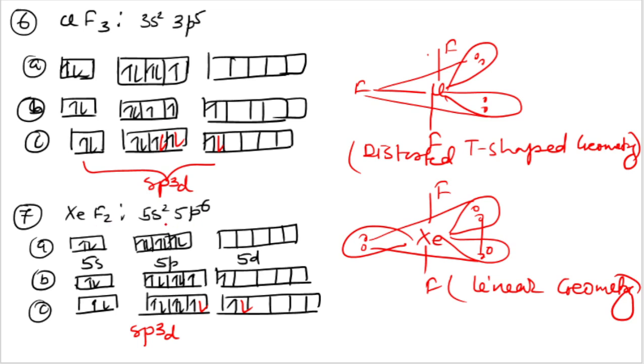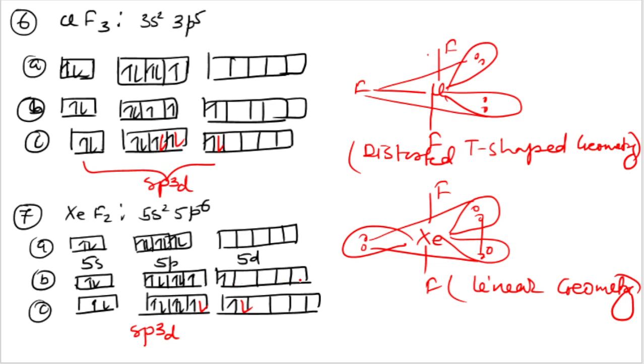For this case, XeF2, the configuration is this. Here there are no unpaired electrons, so we need two unpaired electrons.